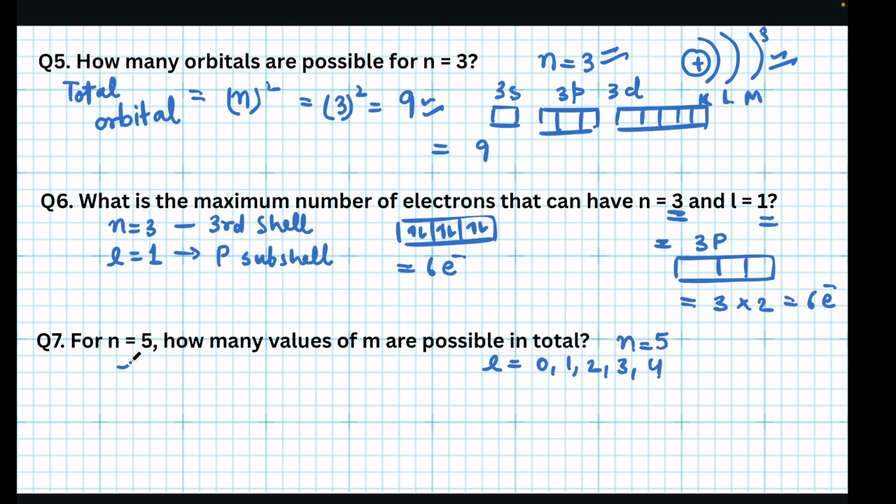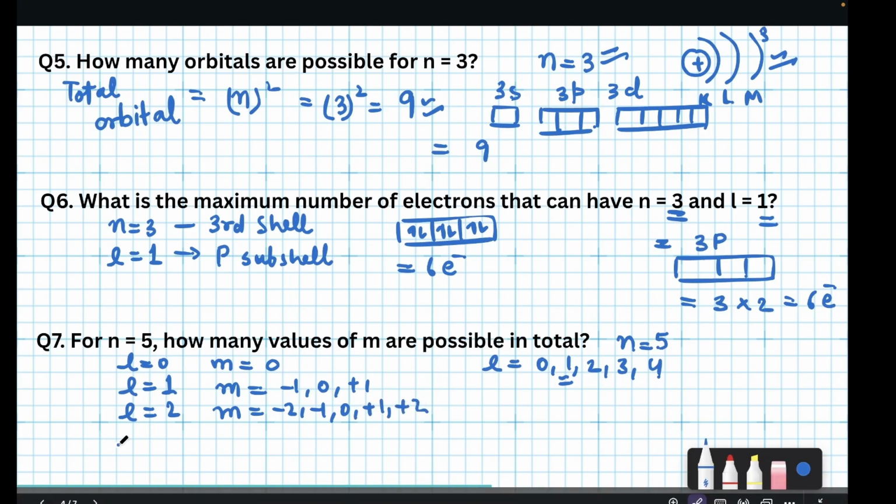Like for l is equal to 0, the possible value of m is 0. For l is equal to 1, possible values of m are -1, 0, +1. For l is equal to 2, the possible values of m will be -2, -1, 0, +1, +2.